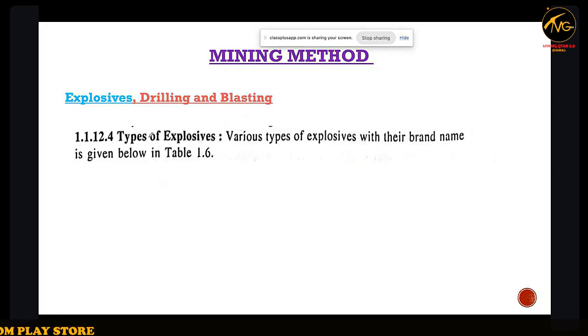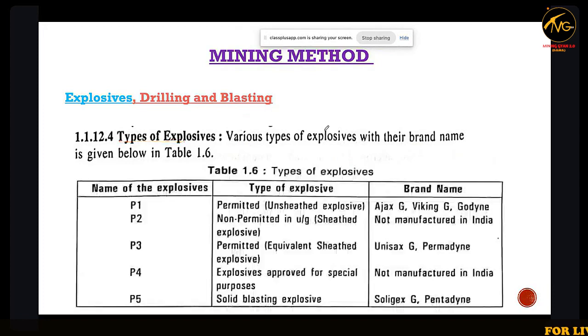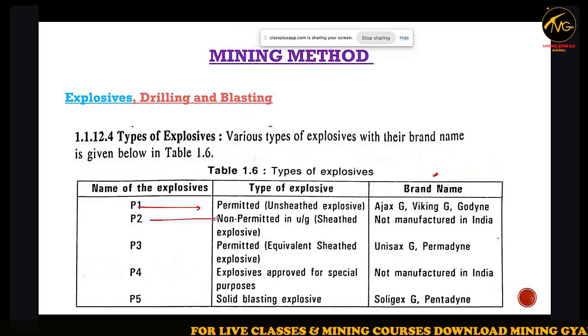Now come to type of explosive. There are various types of explosive. These are types. So here we should know few things. Okay, if you can remember this, you can, but you should know that P1 is permitted, P2 is not permitted.